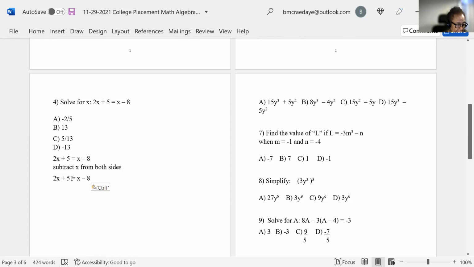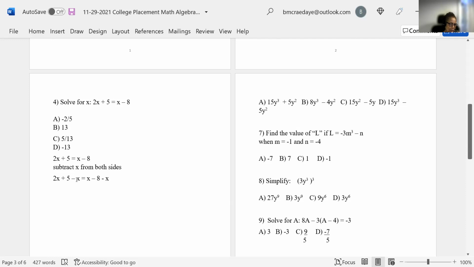Now subtract x on the left, so that would be minus x. Subtract x on the right, minus x. So what do we have on the left side, Maureen? What's 2x minus x? No, remember, that's a 1.